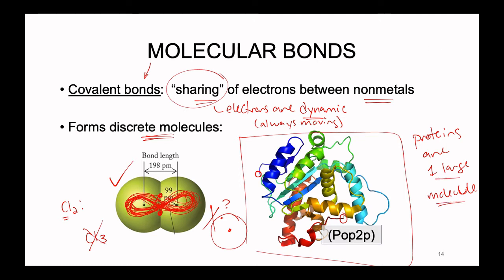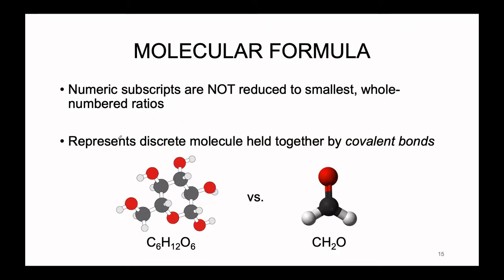We have, through the combination of atoms that are nonmetals and covalent bonds, formed one discrete molecule, held together again by covalent bonds. For this reason, because molecules are discrete, our numeric subscripts in the molecular formula are not reduced to the smallest whole number ratios.